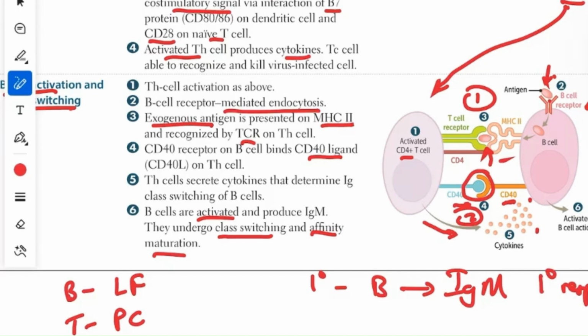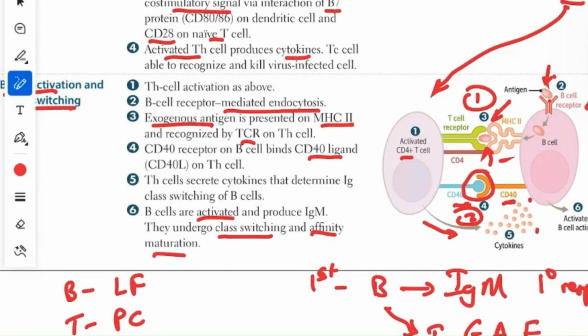Now, when it processes that antigen and presents it to the T cell, and the CD40 ligand on the T cell binds to CD40 on the B cell, the B cell will be activated to begin producing other antibodies: IgG, IgA, IgE.